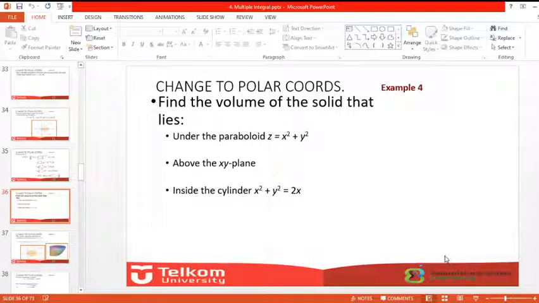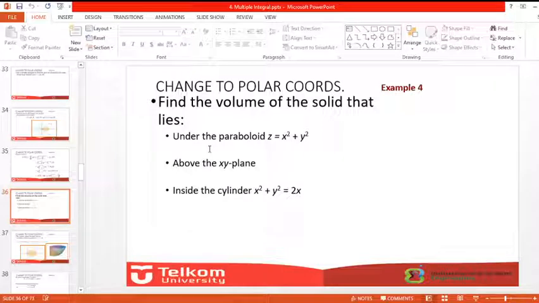So next is how to find the volume under the paraboloid z equal x square plus y square, above the xy plane, and also inside the cylinder x square plus y square equal to 2x. Okay, means that we would like to find the volume: the double integral of x square plus y square dx dy. Next, we would like to change, because in here we have the information above the xy plane, so means that it should be in the paraboloid in the upper.